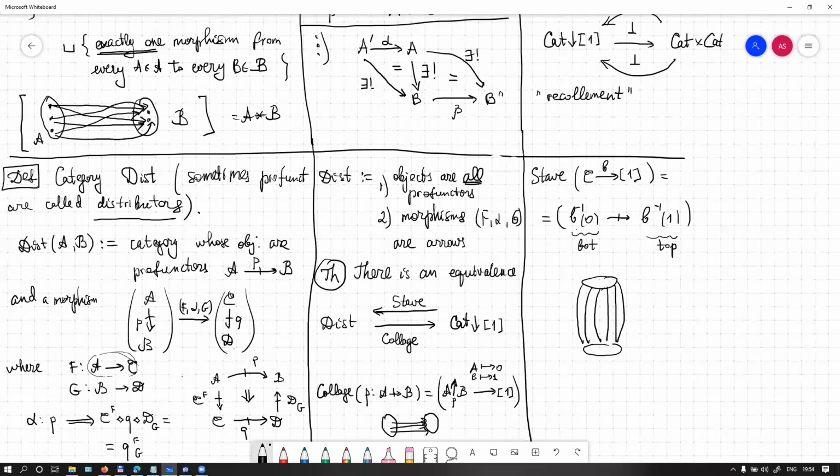So every stave will be a value of the given profunctor that we define. And here it is defined by just home. So homes from the bottom to the top are profunctors.